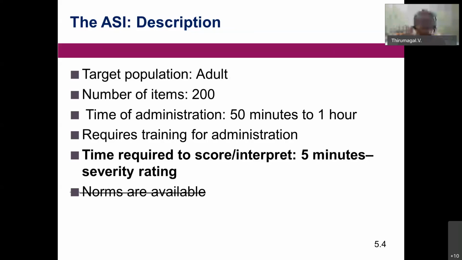So for different client populations, they had some norms. So you could compare them, saying in this population, his needs are severe or large. This is not at all applicable to us. So we are not going to discuss norms in this session. Is this clear?